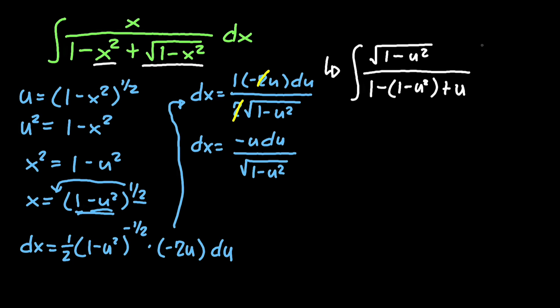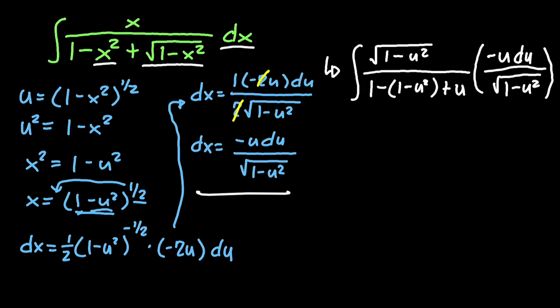And let us multiply this by the value of dx, which is this, negative u du over the square root of 1 minus u squared. Now let us simplify this expression. As you can observe, the square root of 1 minus u squared and this one would cancel each other out.